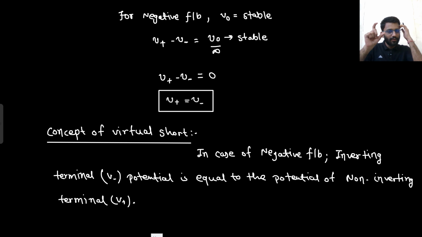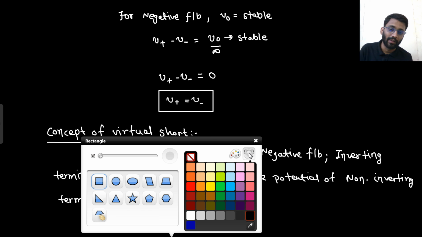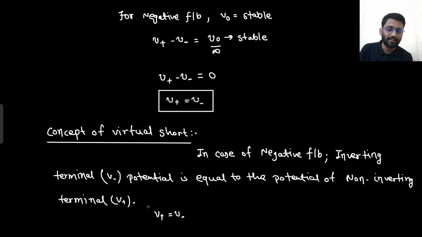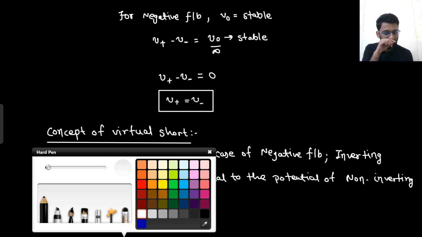So V positive is equal to V negative in case of negative feedback. So this is applicable only for negative feedback, not for positive feedback.